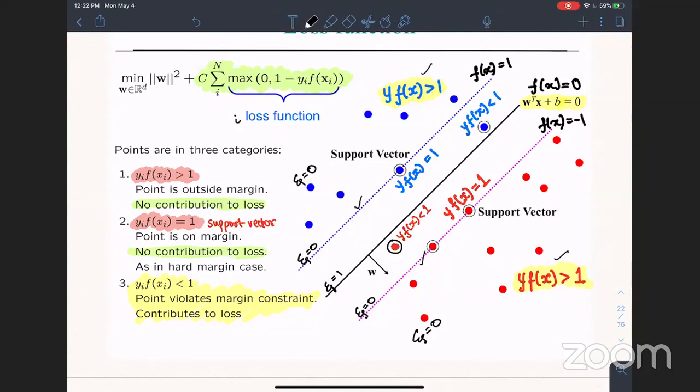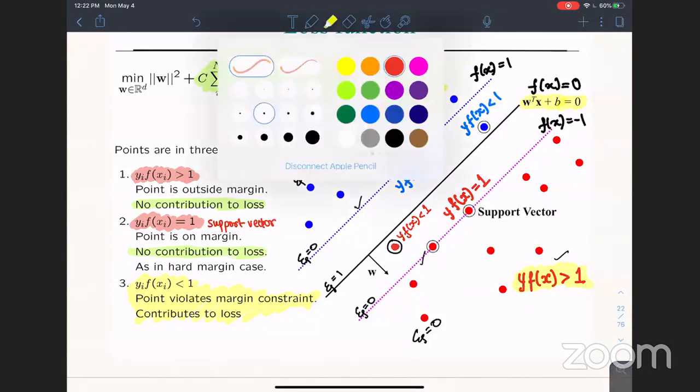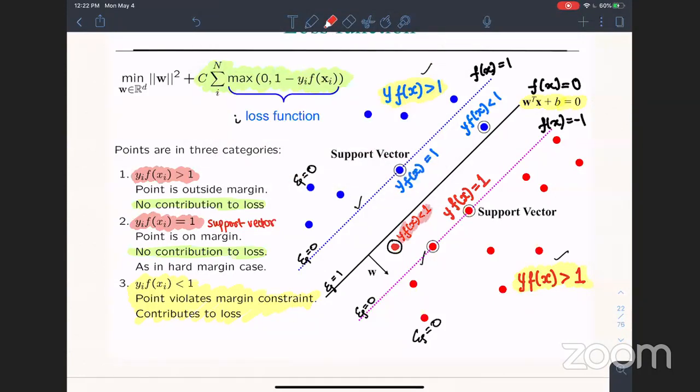The problems start happening when you start going into that no man's land, where y times fx is less than 1. I have drawn it here. You can see the product y(fx) is less than 1 here. So the point is violating the margin constraint and it will contribute to the loss, right? And then we are trying to accumulate all these margin violations. This can be a margin violation.